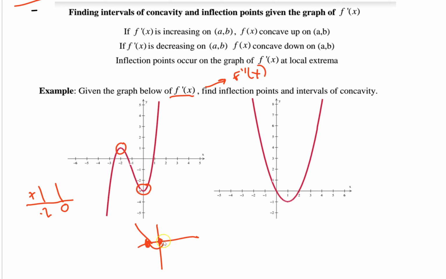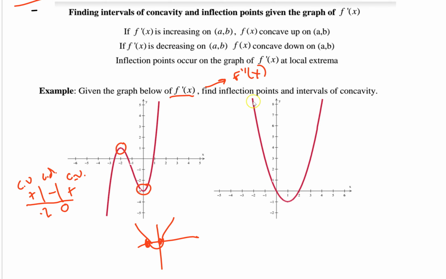Decreasing, so negative. Increasing, so positive. So before that, positive. In between, negative. After that, positive. And just like always, concave up, inflection point, it switched signs, yay. Concave down, switched signs, yay. Concave up, so 2 inflection points. That's the idea.